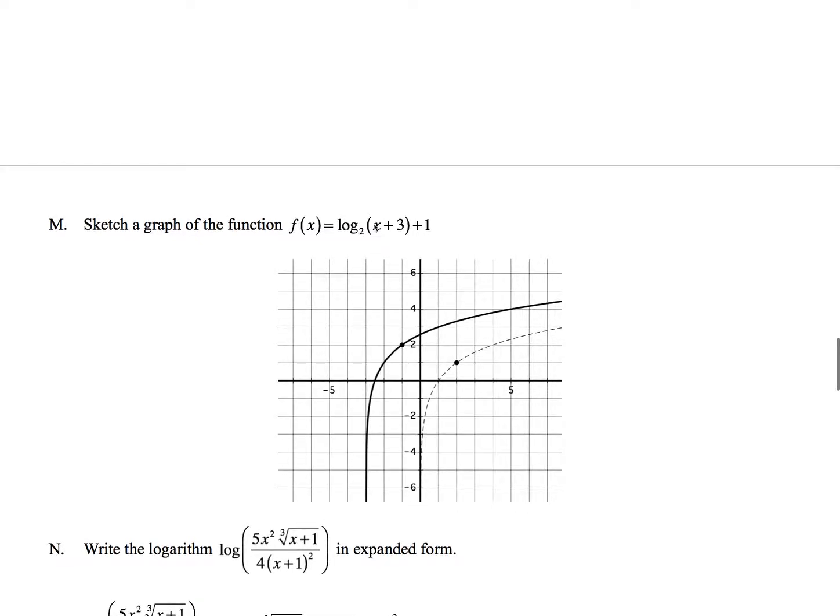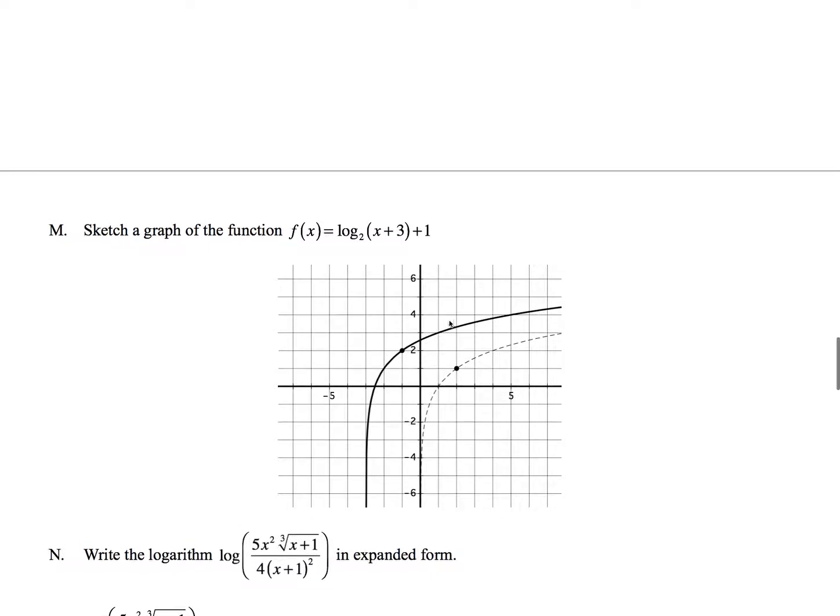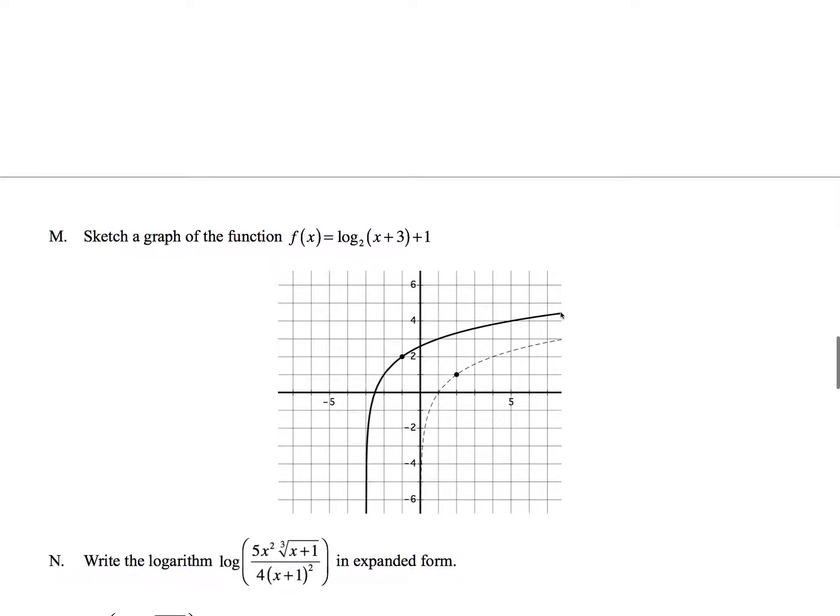And so we move that point here, 3 left and 1 up. And then if we want, we can put some values in here to get other points. But that might be enough to sketch a rough graph coming up through this point here, which was the x-intercept translated, and this point here, which is the point that gives us a function value of 1. And then, as I said, we could probably come up with a couple of other values. 5 looks like a good one. 5 plus 3 is 8.